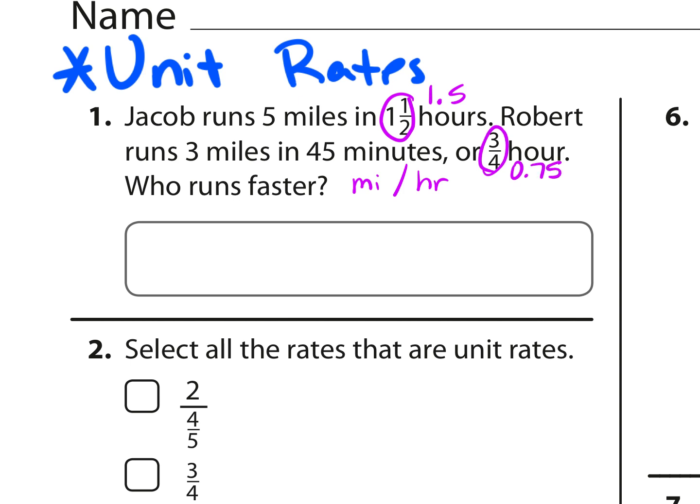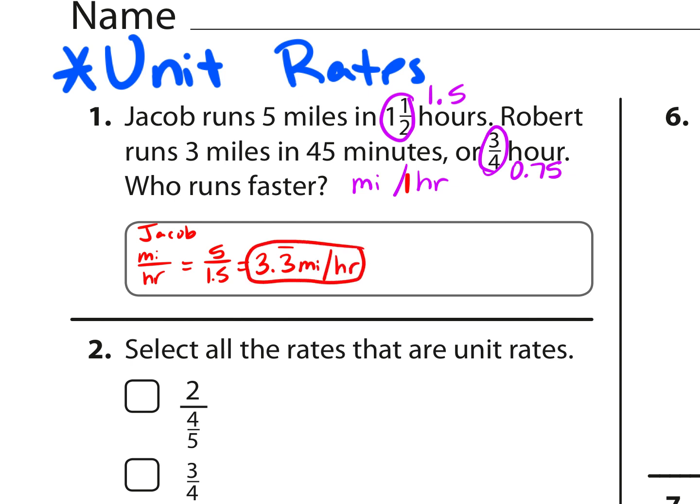And so I'm going to start with Jacob. Miles per hour. Miles for 1 hour is specifically what we're looking for. And so Jacob runs 5 miles in 1.5 hours. And we could just go to our calculator and say 5 divided by 1.5 is 3.3 repeating. So 3.3 miles per hour. That is Jacob's value.